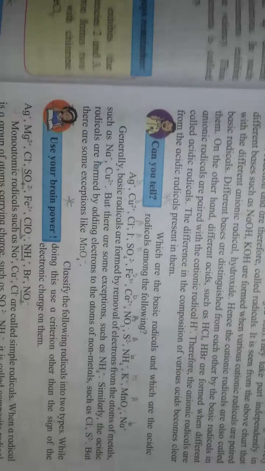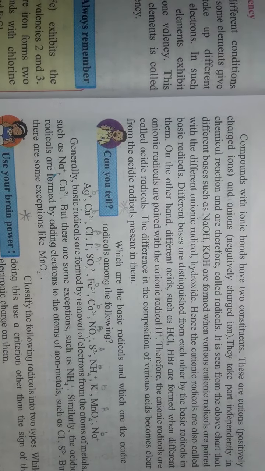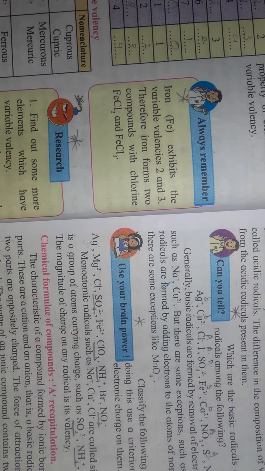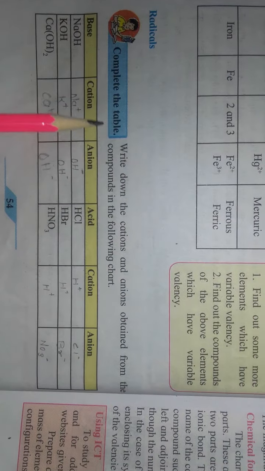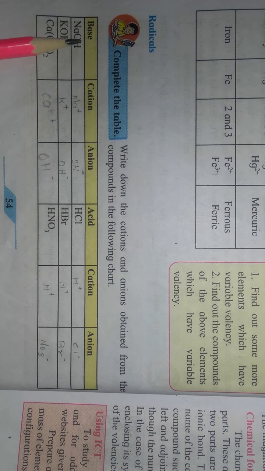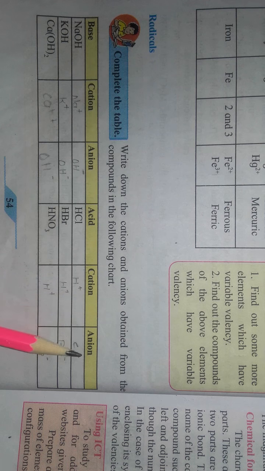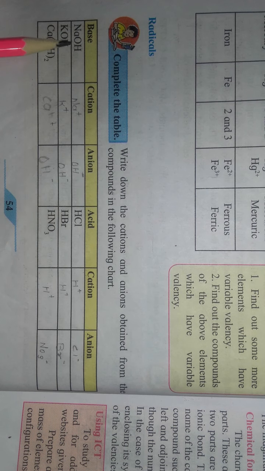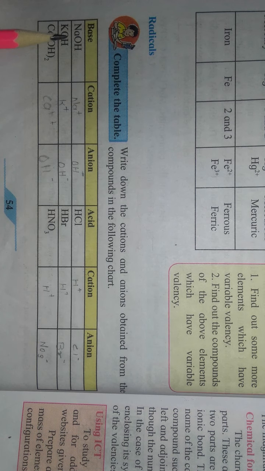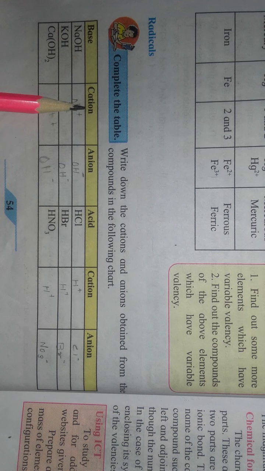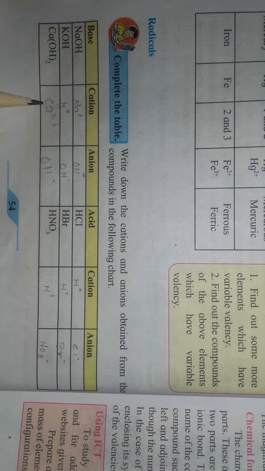Okay. See students, next point, the radicals. What are the radicals? We are going to see radicals. Basic or base: cations, anions. Acid: cations, anions. Here NaOH, KOH and Ca(OH)2 bases are given. In this, cation means positively charged ion: Na+, K+ and Ca2+.